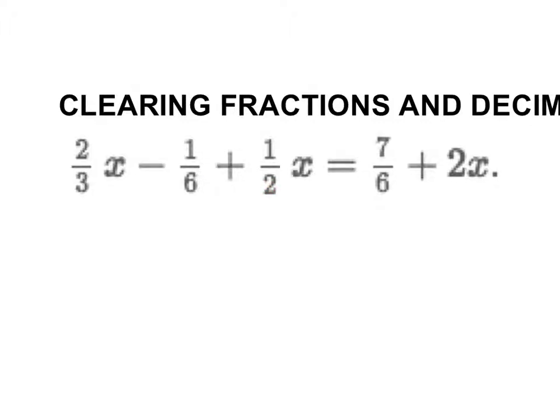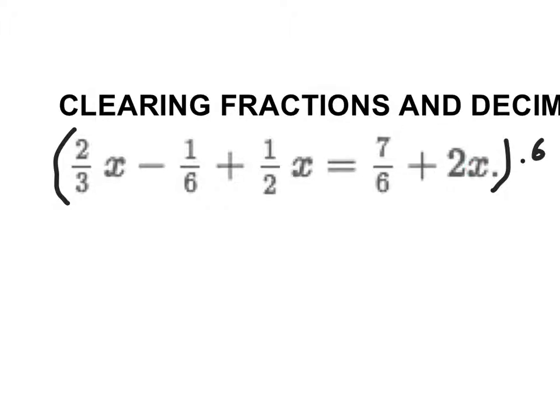So what I want to do is multiply the entire equation by 6, multiply by the common denominator. And when I do that, I'm going to do it to every single one of these terms: this term, this term, this term, this term, and this term.